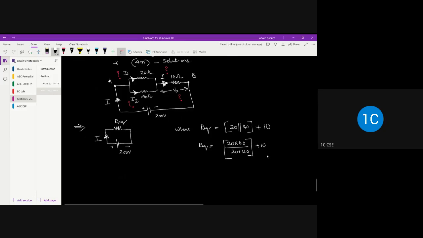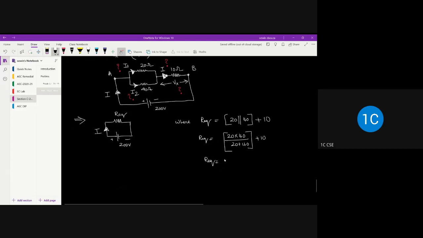That is 13.33 ohm plus 10 ohm, which is 23.33 ohms.